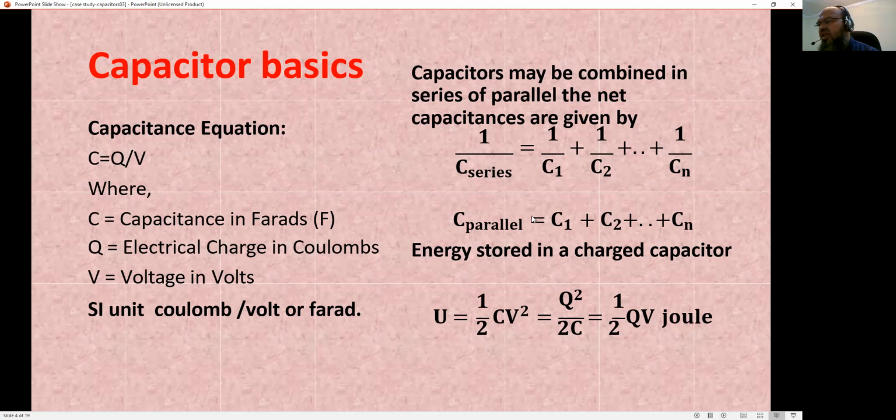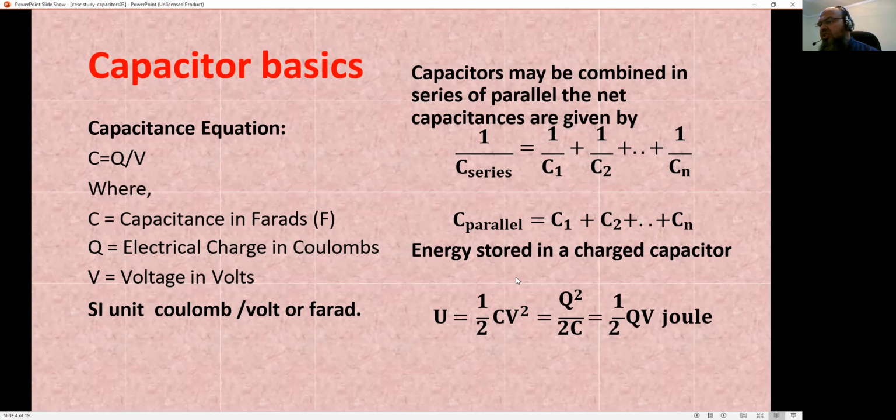If n capacitors are connected in parallel, then it is C1 plus C2 plus up to Cn, which is once again opposite to that of the series and parallel combinations of resistors. The formula for series combination of resistors is here for parallel capacitors and vice versa.